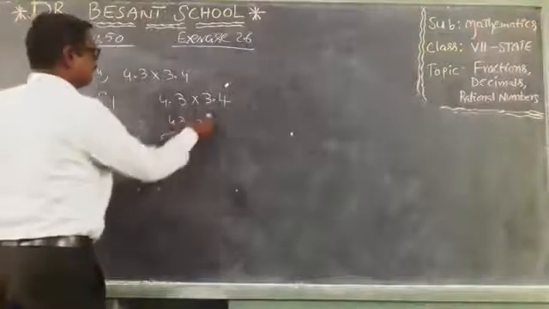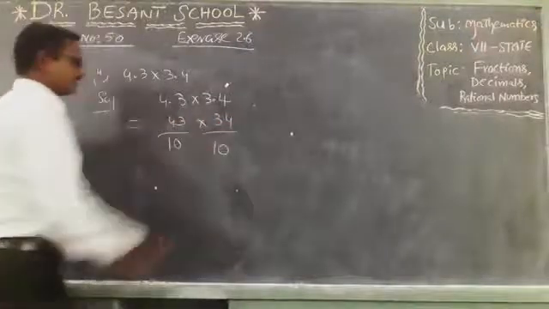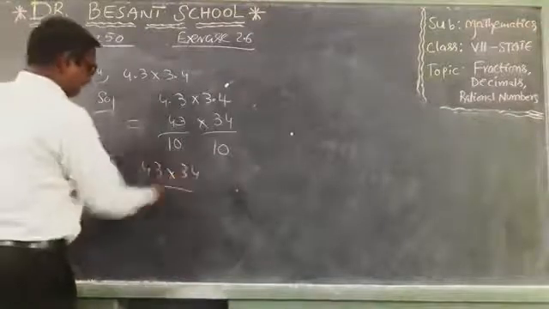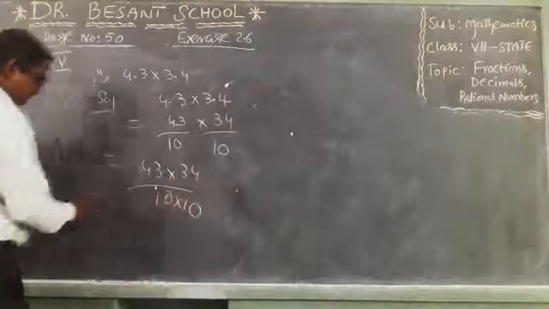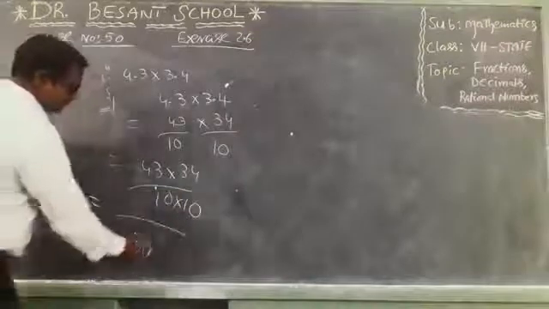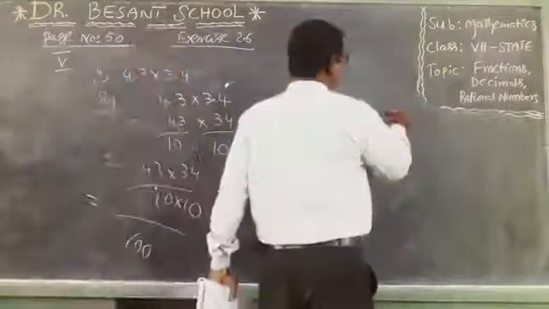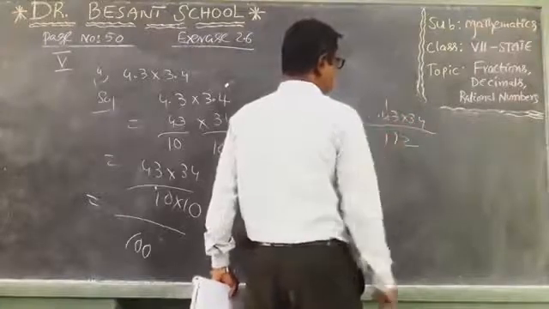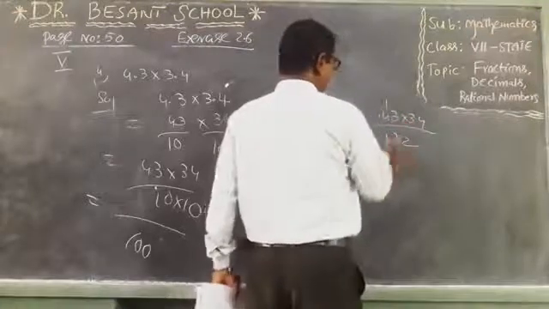4.3 can be written as 43 by 10. 3.4 can be written as 34 by 10. So this is 43 into 34 by denominator is 10 into 10. So let us verify 43 into 34. 4 3s are 12, 4 4s are 16 plus 1 17. 3 3s are 9, 3 4s are 12.